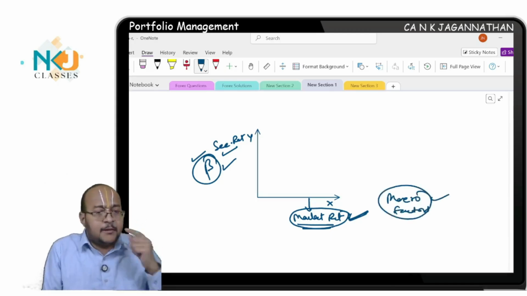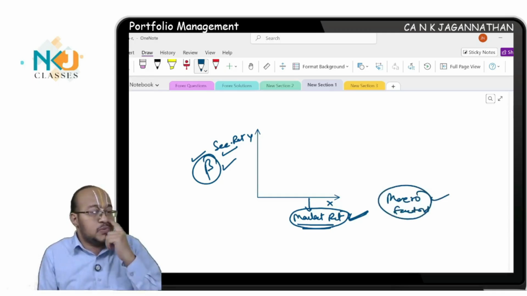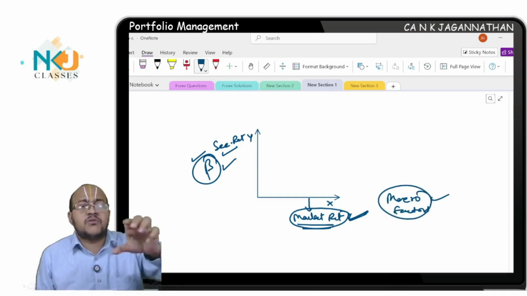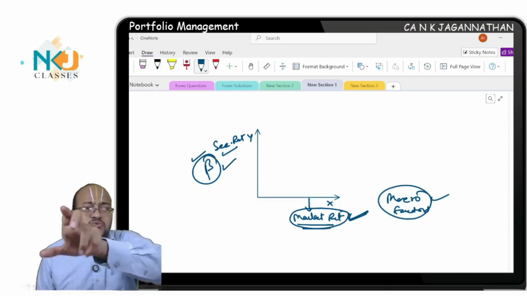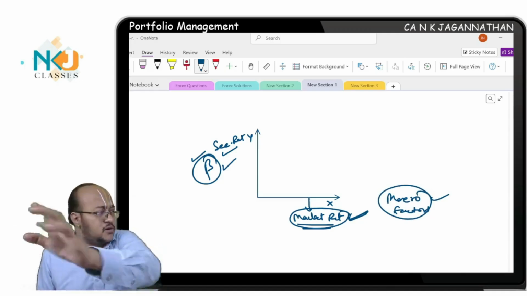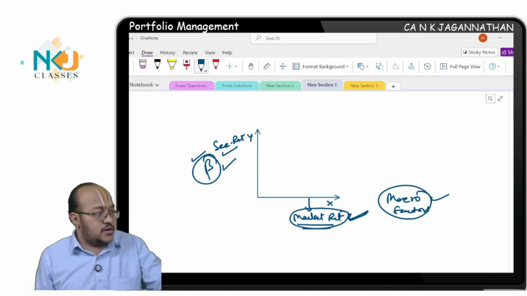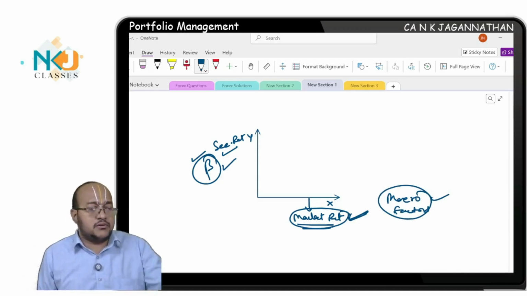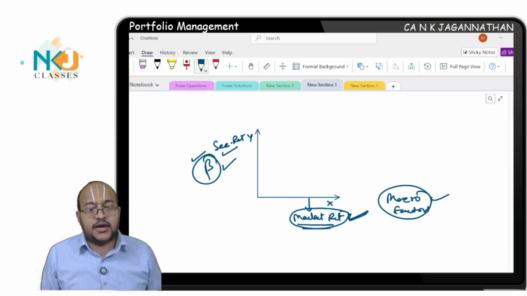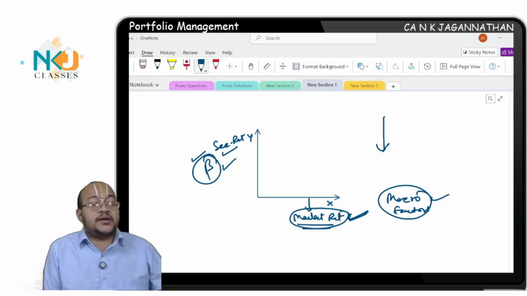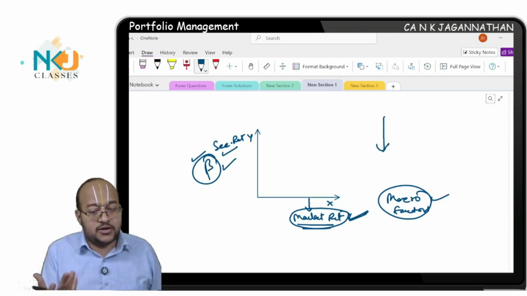I'll give you an example. In 2020, COVID came. Initially in February it came in China. Thereafter, slowly it spread, and when it came near India, they put the lockdown. As soon as the government announced the lockdown, the Sensex, Nifty, my entire stock market fell like anything. Are you all understanding?